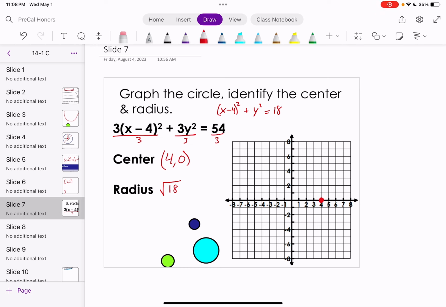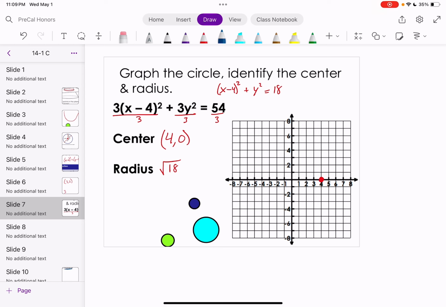Now, many people would want to simplify here and try to break down 18 into 9 and 2. That means 3 square root of 2. What I would generally suggest to find the most accurate answer would be to find 2 perfect squares that would surround this square root of 18. What does that mean? That means that with the square root of 18, there are 2 numbers we would look at.